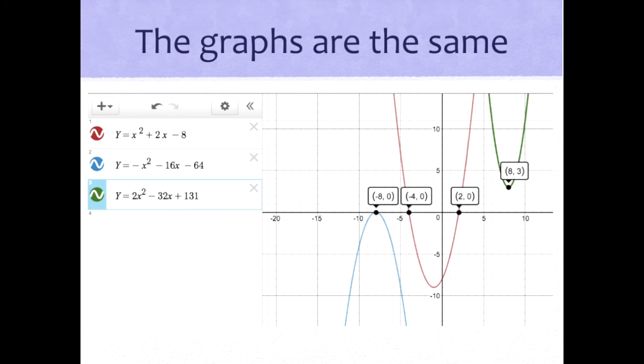Right here, I could look at this parabola and tell you, oh, that parabola had a positive discriminant. This parabola had a negative discriminant, and this parabola had a discriminant that was 0.